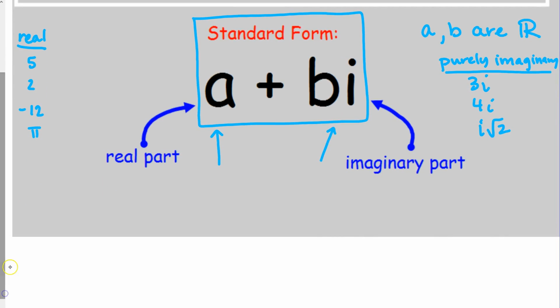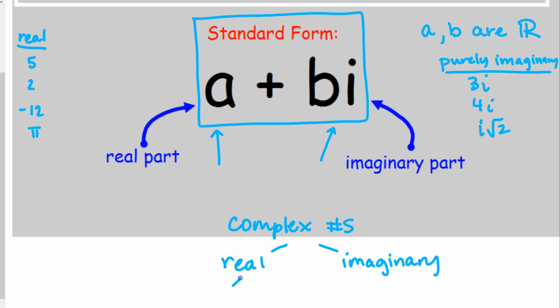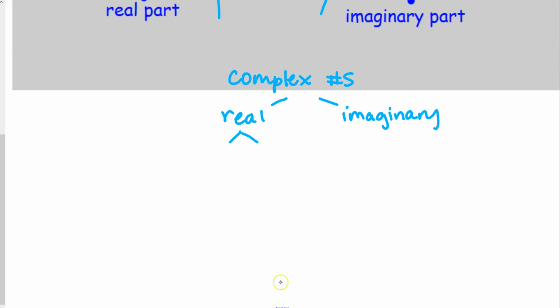because complex numbers are now at the top of our tree diagram. Complex numbers divide into real numbers and imaginary numbers. And then we know that real numbers divide into rational numbers and irrational numbers, etc., etc. Remember from the first day of school.